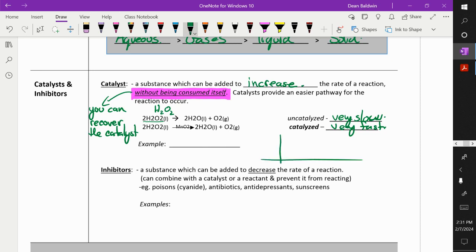So if you have, this is the normal reaction for it. A catalyst lowers the activation energy.